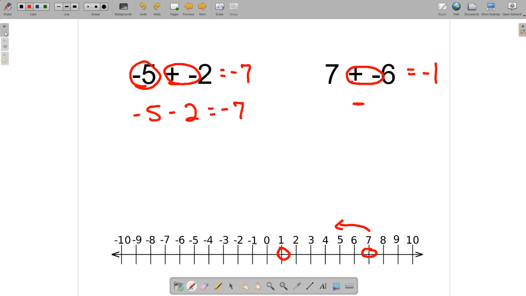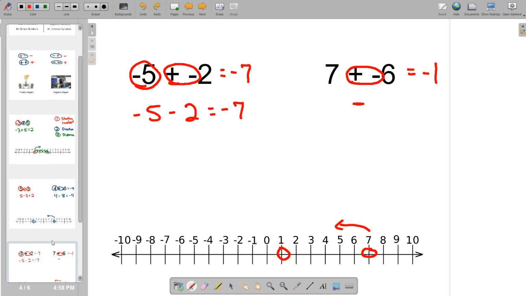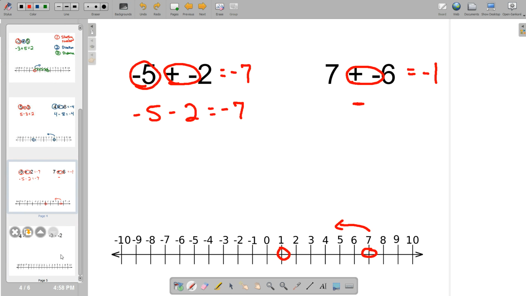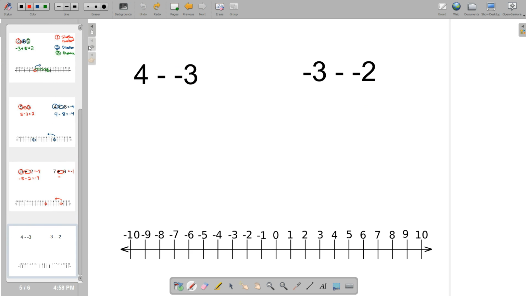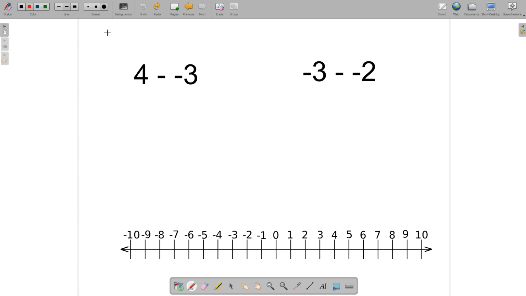Now we have one more slide here, and this is where it gets a little tricky. So it's important to break down each step, really work on them one at a time. So for the problem on the left, first part is we are going to start at +4. But this time, in between the numbers, we have a negative and a negative.